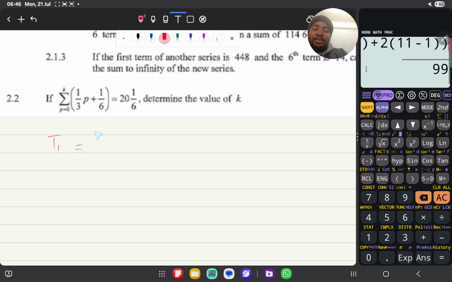T1, you substitute p, which is 0. 1 over 3, 0 plus 1 over 6, and you get 1 over 6. All right? And of course, this is a.